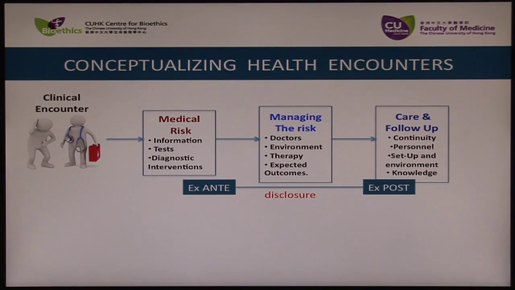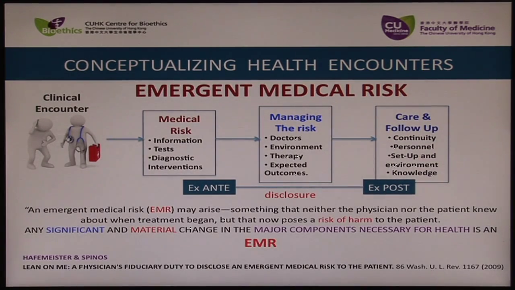A very interesting concept that's been evoked is the concept of the emergent medical risk, or an EMR. An emergent medical risk may arise when something that was not existing before, you didn't identify, but becomes manifest later. That risk may not actually be a health problem, but it may be a change in the environment.